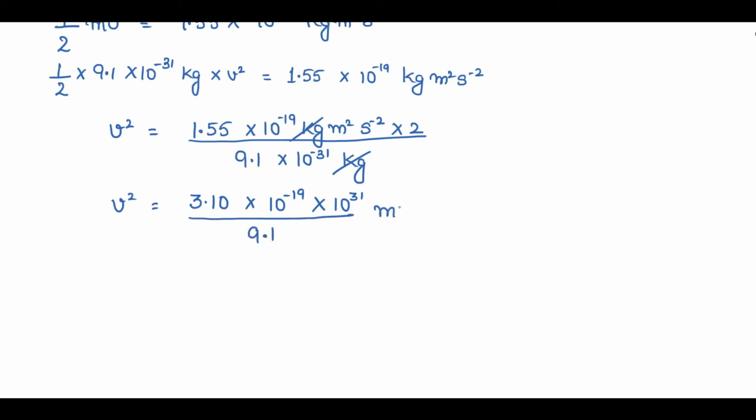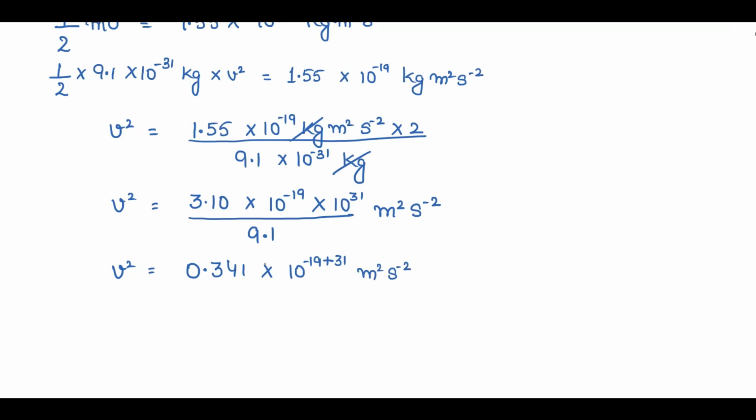So the units we have are meter square second inverse square, right? When you divide 3.10 with 9.1, your approximate answer will be 0.341, into 10 raised to power minus 19. These powers are in multiplication, so you can simply add them. So plus 31, meter square second inverse square, right?